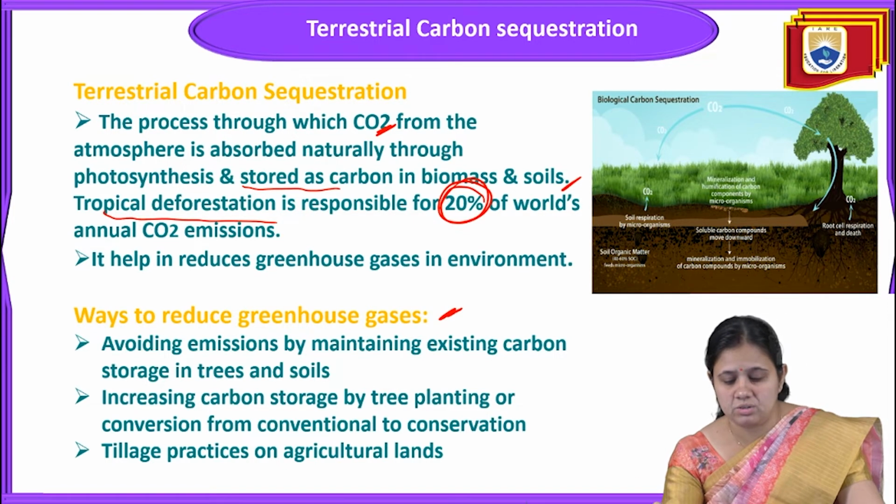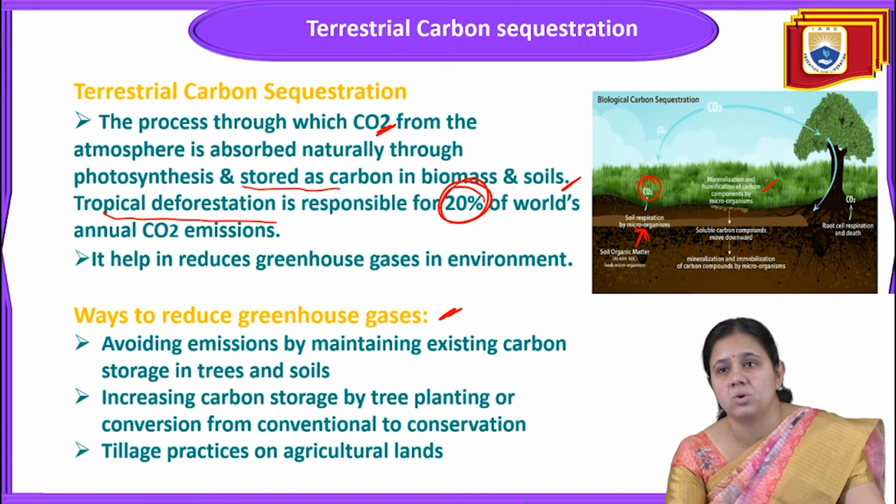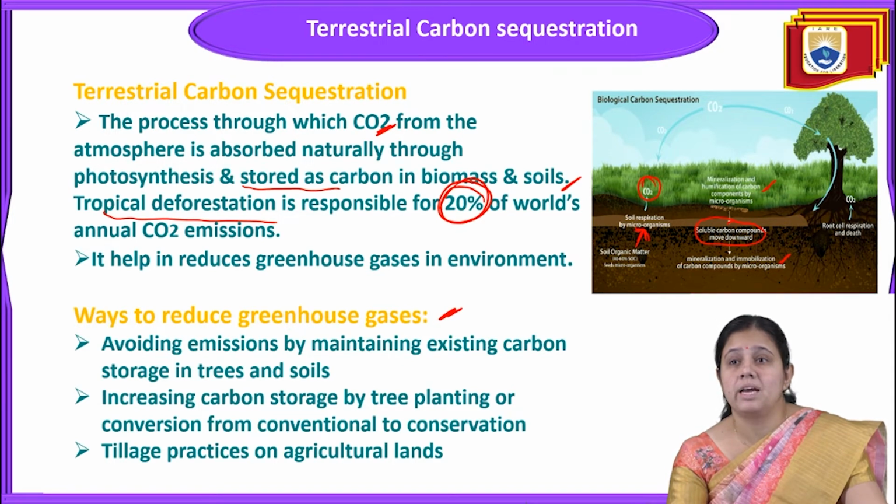In this picture you can see the process of biological carbon dioxide sequestration. Soil organic matter is there. By soil respiration by microorganisms, CO2 is released, and through mineralization and immobilization of carbon compounds, microorganisms make soluble carbon compounds that move downward.